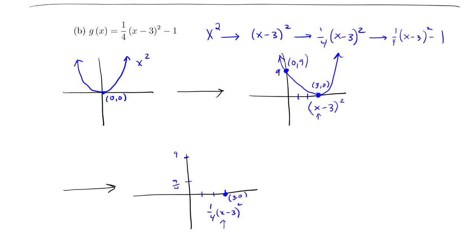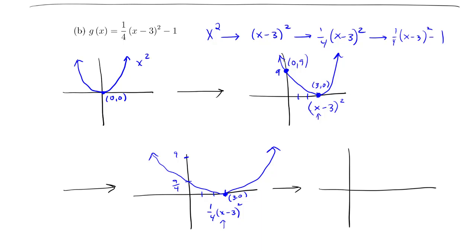So I'll just make a marking for 9/4. And so my whole function has gotten squashed and is a lot wider now. Okay. Now I can do my final transformation.